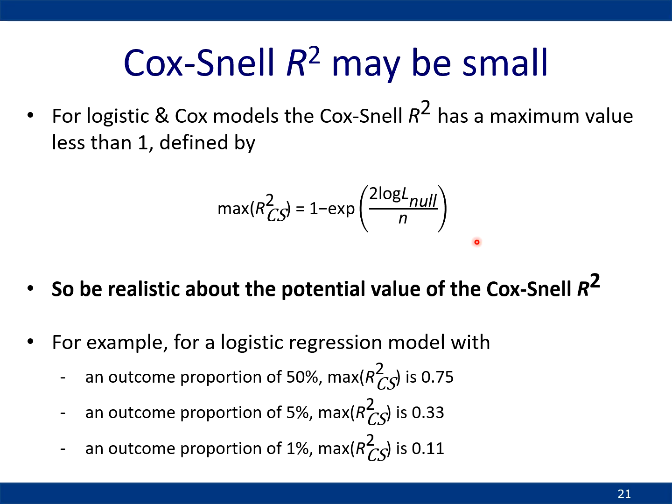So for example, for logistic regression, if we had a 50% outcome proportion, the maximum we could achieve is actually 0.75. If we only had a 1% outcome proportion, the maximum Cox-Snell R-squared we could achieve would be 0.11. Just worth bearing in mind. Though now we can enter Nagelkerke R-squared directly into pmsampsize, and so we could avoid this.